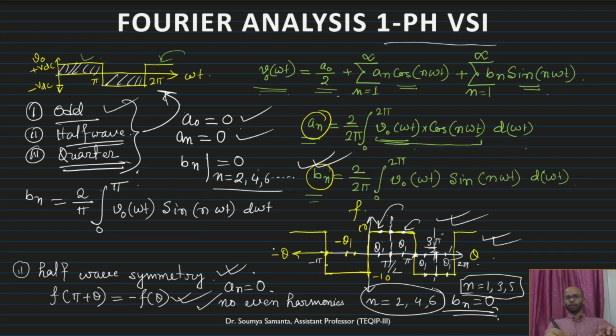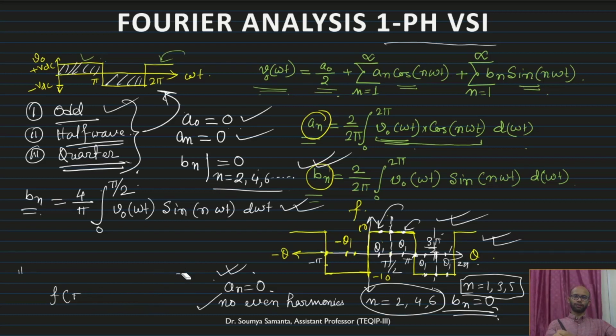Now if it is quarter wave symmetry, then we don't have to integrate up to pi also. We can integrate up to pi by 2 and multiply by 4. Therefore, if we integrate this whole expression, we will get this. So what is the expression we get? Let me find out.